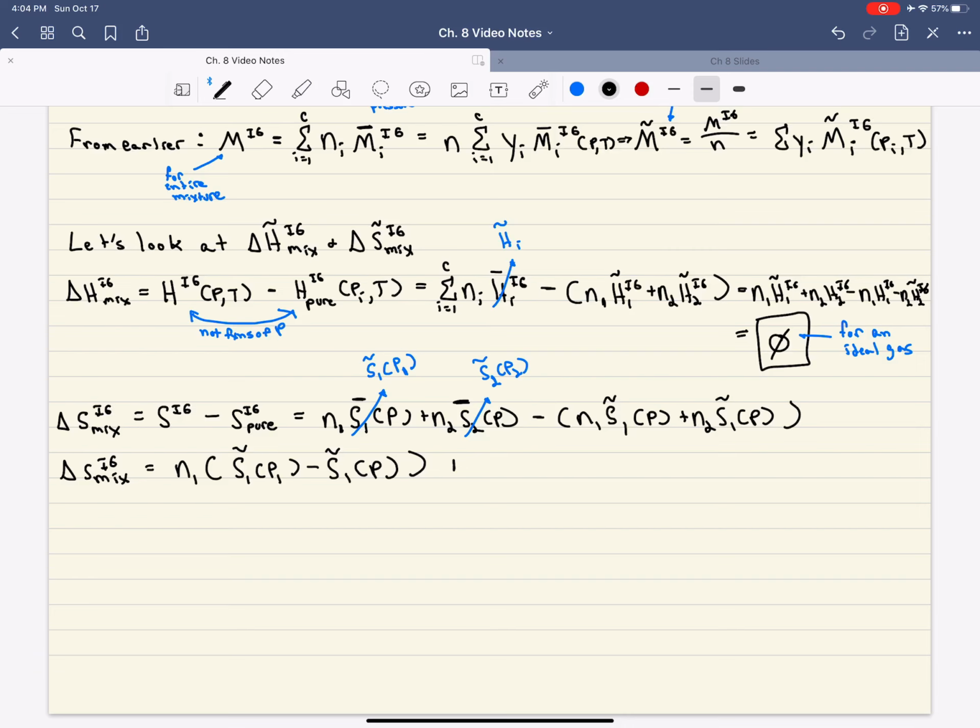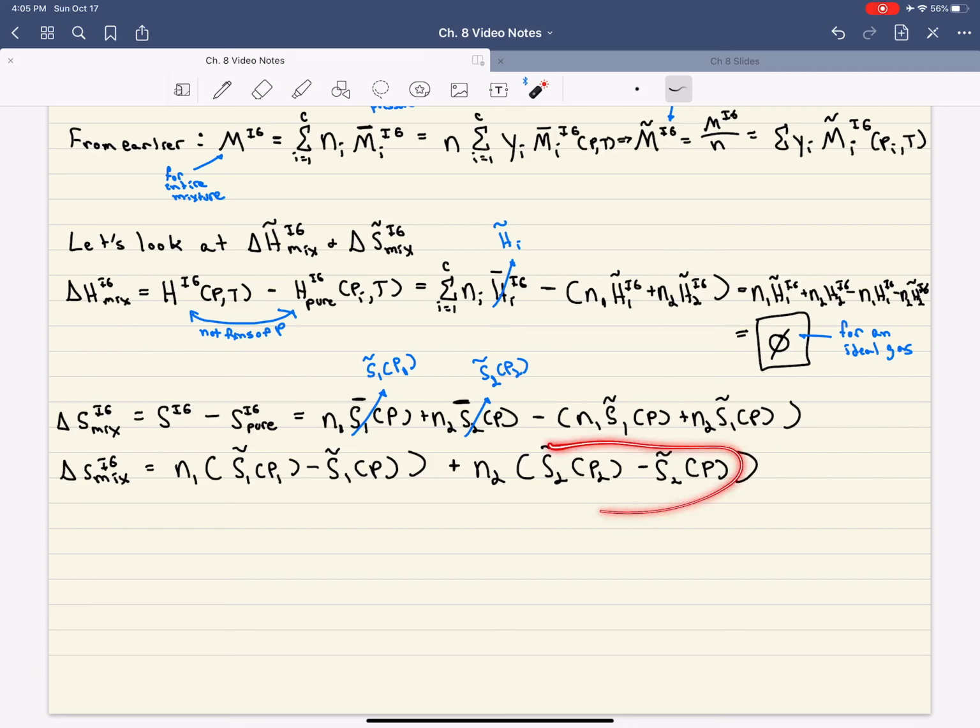plus N2 S2 P2 minus S2 P. Okay? And so I'll highlight here that what we're looking at is the entropy of the pure component at pressure 1 minus the entropy of the pure component at total pressure.